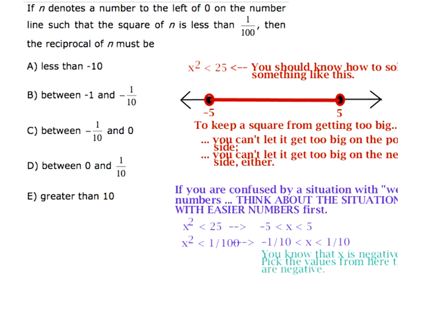Out of that range, the only values that are negative are the ones that are not as negative as -1/10, but are still negative. So it's anything in that range. How about that?